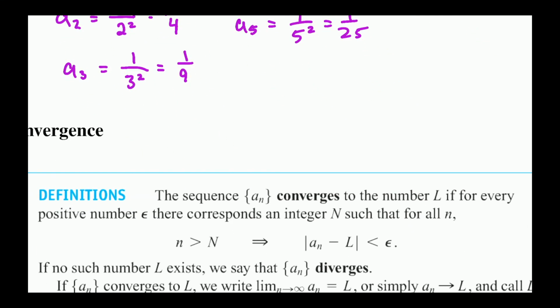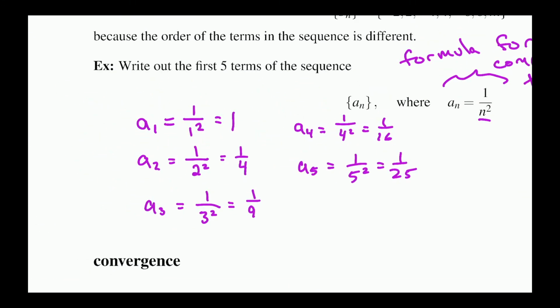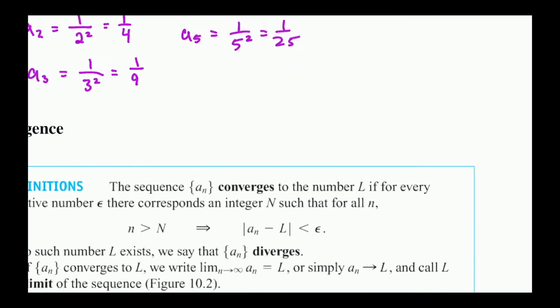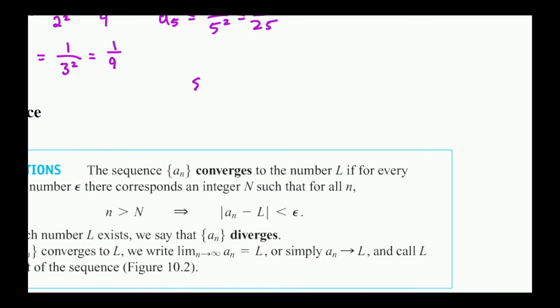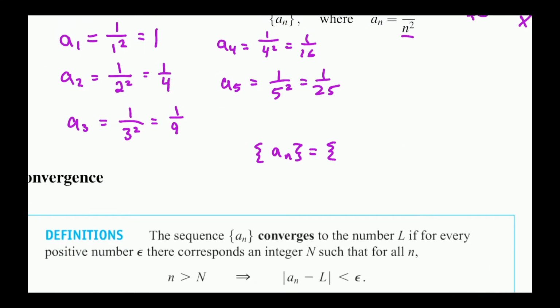So if I wanted to write it out, there's various ways I could. I don't have to. Like I did what I was supposed to do, right? It says write out the first 5 terms. And we did just write out the first 5 terms. So we did the problem, but you could also write it out this way. Like sequence AN is equal to curly braces 1, 1/4, 1/9, 1/16, 1/25.